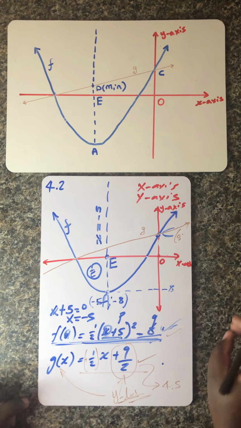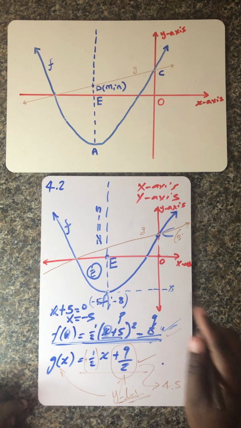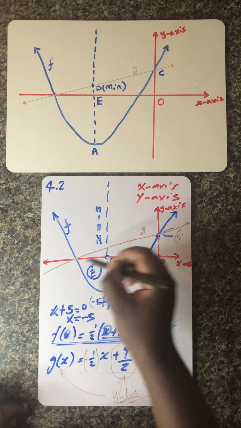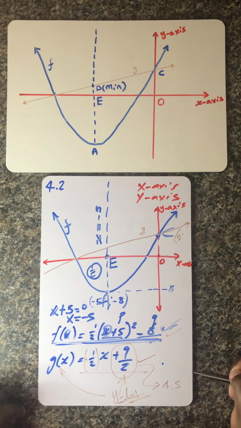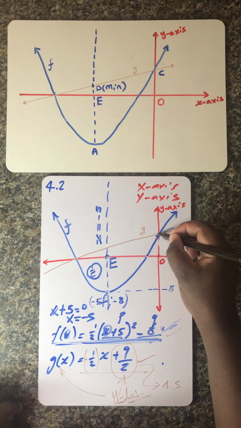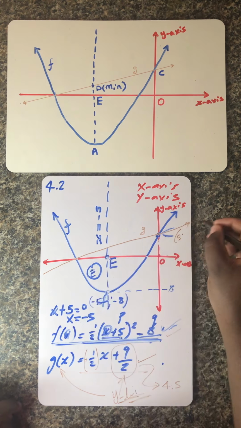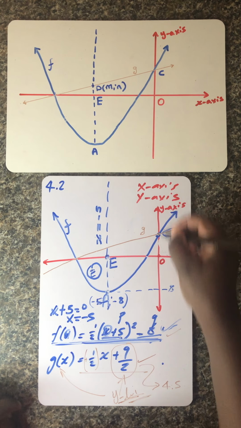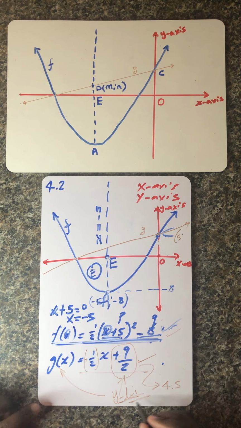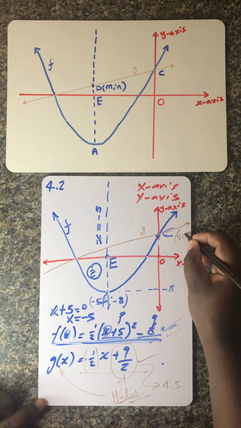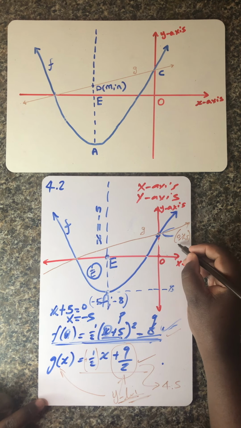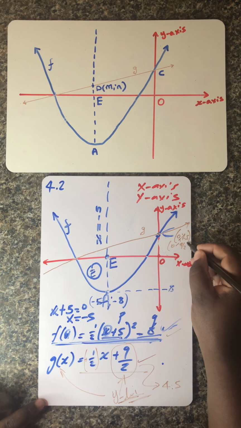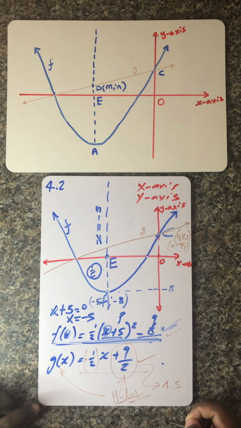Funny enough, we notice that this is where the two graphs actually touch the axis. At that point, that graph and this graph touch the y-axis at the same point. So we can use this information to know that that point is 4.5, or 9/2, where x is 0.